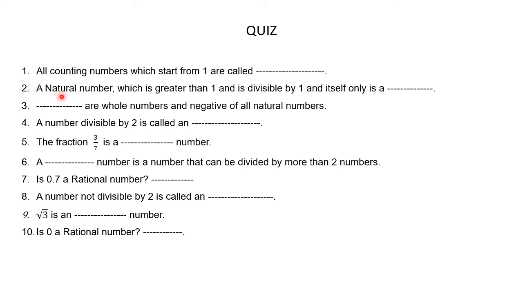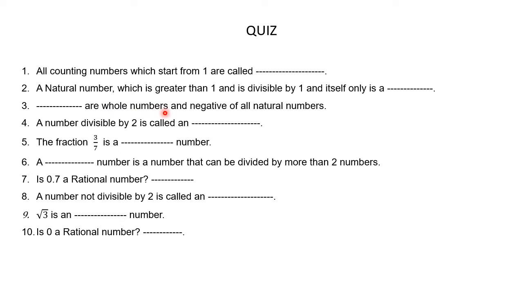Second question. A natural number which is greater than 1 and is divisible by 1 and itself only is a dash. The answer to this is a prime number. A natural number which is greater than 1 and is divisible by 1 and itself only is a prime number. Third question.